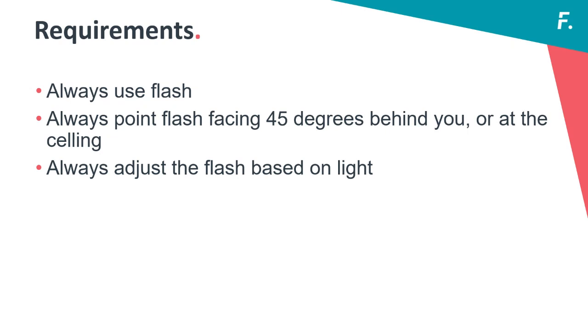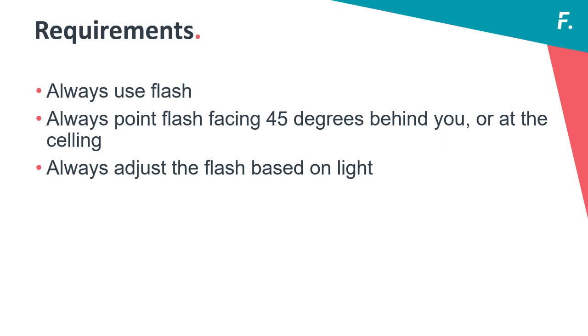And then I have here the third point, which is always adjust the Flash based on the natural light in the room. So what that means is, if it's a sunnier day, your ISO, I don't know if you've been to any of my other workshops before, but we did speak about settings and ISO. So the ISO should always be at 200 to 400.